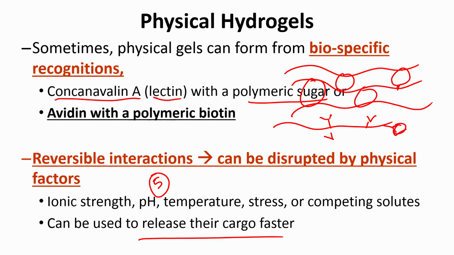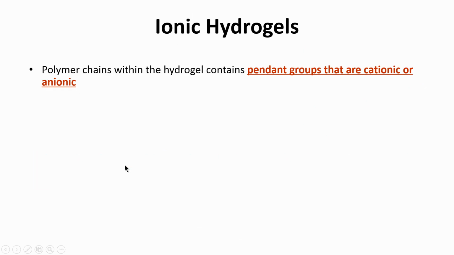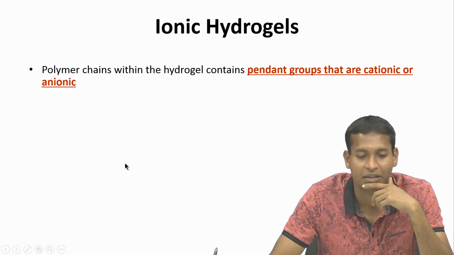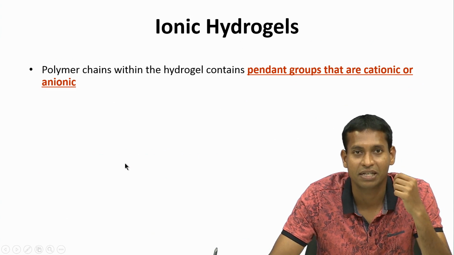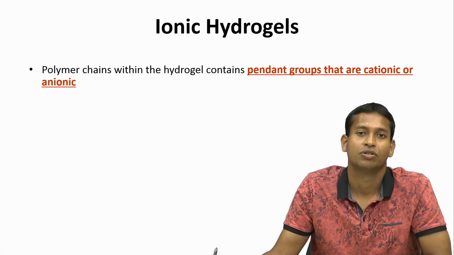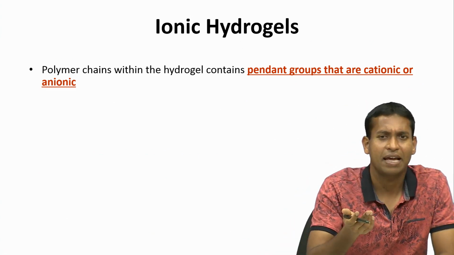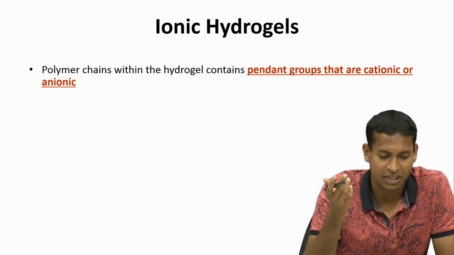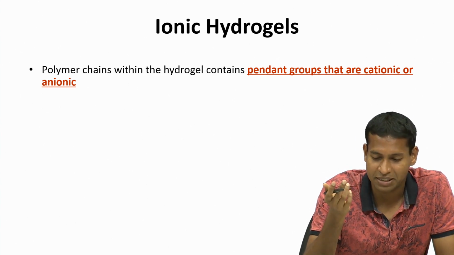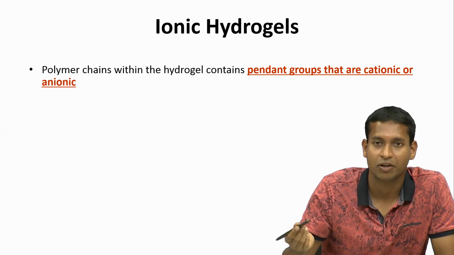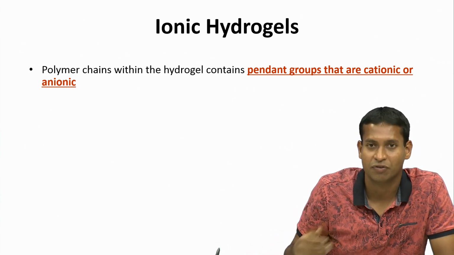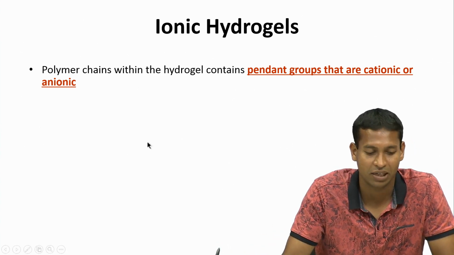present in the system. Okay, so another class of physical hydrogel is ionic hydrogels. Like the physical hydrogels we talked about, these are polymer chains that contain cationic or anionic groups. So essentially this is just one special case of the anionic hydrogel.